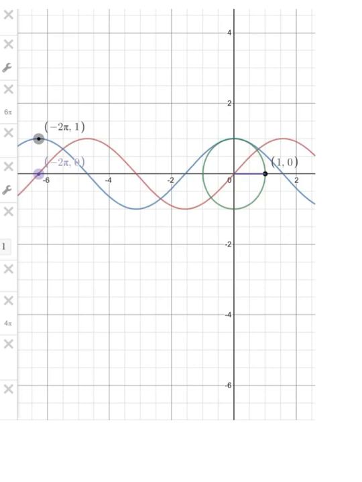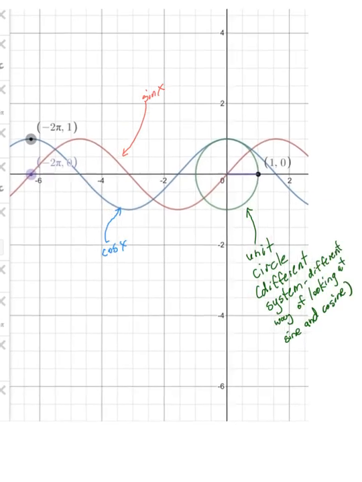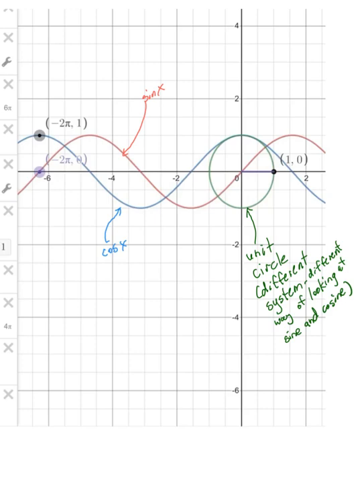So here I have a different way of looking at it. I actually have the graph of sine x and cos x on the x and y axis here. I left the unit circle there just so you can compare and contrast. Here you can see this is an angle of 0 degrees because I left the dot right here.